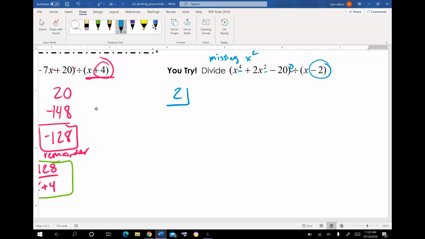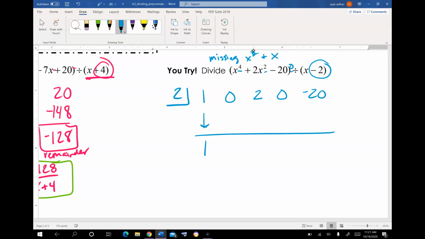Well, I'm missing the 1. So I'm missing x cubed and I'm missing x. So you have to put placeholders where they're missing. So x to the 4th coefficient is 1. I'm missing the cubed, so I put 0. Squared is 2. I'm missing the linear, so I put a 0. And then -20.